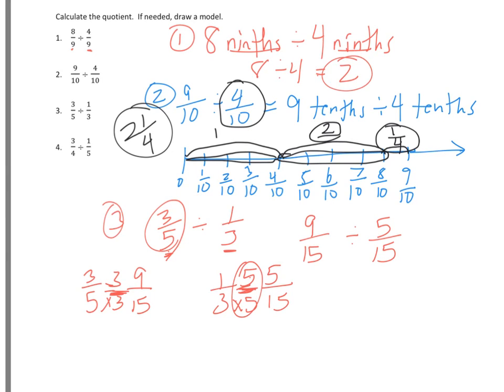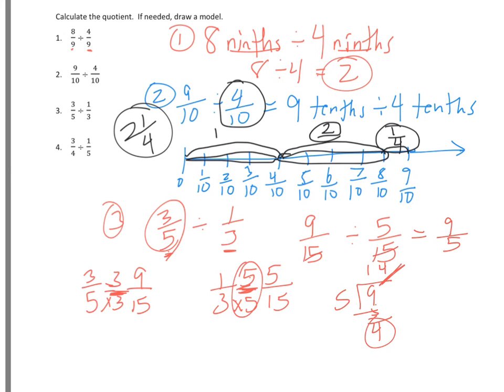So what I can do now is I can either write this into unit form or know that whenever I have common units, it really means 9 divided by 5. So I'm going to show that. And I'm left with 4.